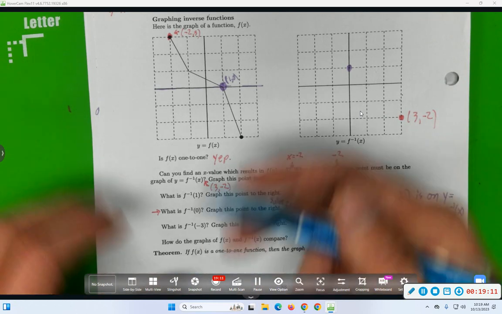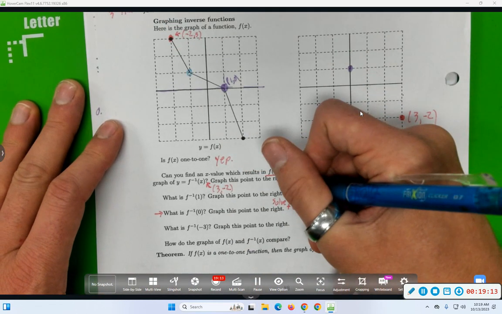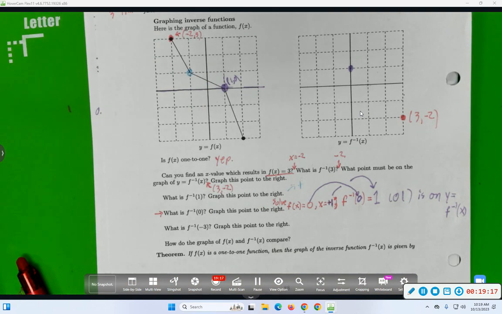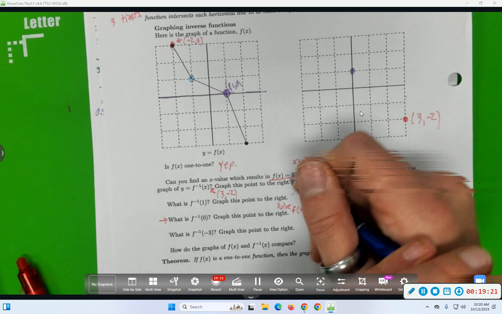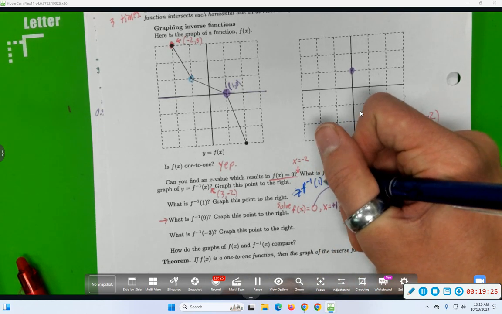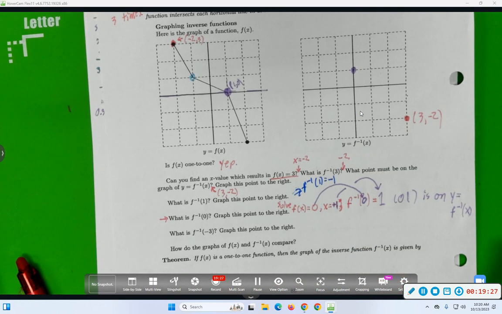So, putting in context, you told me f inverse of 1 is negative 1. Does that agree with everyone on that side? Should I talk through it?